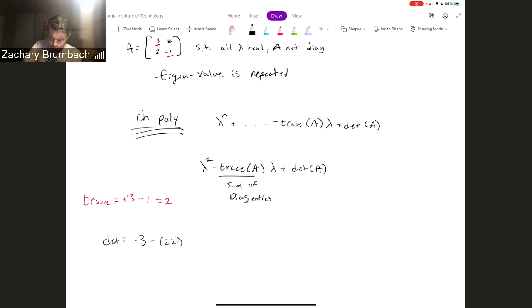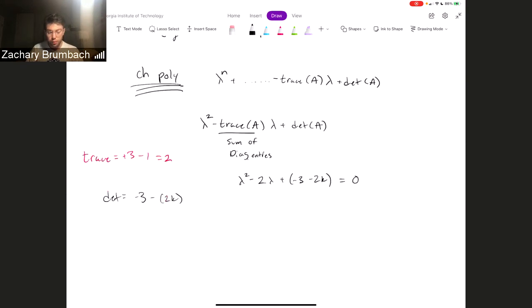Okay, so we know our characteristic polynomial is lambda squared minus 2 lambda plus (-3 minus 2k). If you remember back to algebra or pre-calc, there is this fantastic method called completing the square.